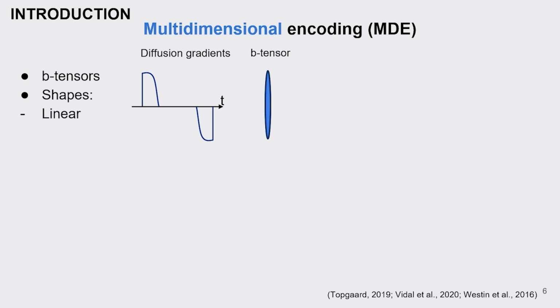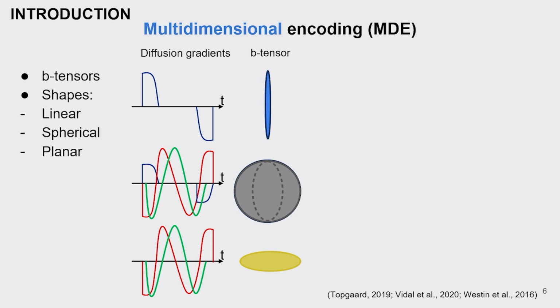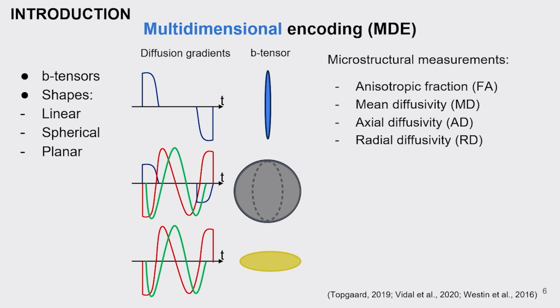In this project, we use linear, spherical, and planar shapes. Through this sampling, you can obtain different metrics. From the DTI model, you essentially can get FA, MD, AD, and RD.